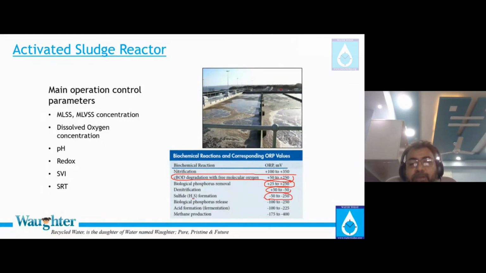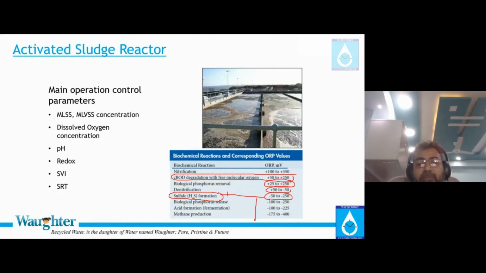What I'm trying to say is, if in an aeration tank you start getting a smell and things are turning septic, the best way to check is ORP. If you check the ORP and it is always positive, things would never become septic. So it is not only the DO meter which is important. The DO meter is something, but the oxidation reduction potential of that particular place right now is also important.